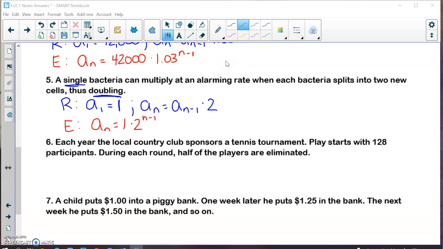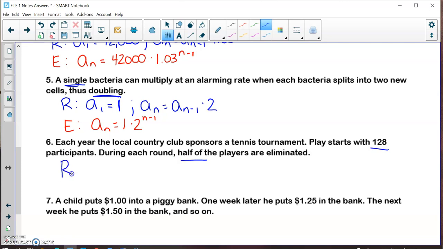All right, number 6. Each year, the local country club sponsors a tennis tournament. Play starts with 128 participants. During each round, half the players are eliminated. So we're multiplying by 1/2 every time, which would make this a geometric sequence.